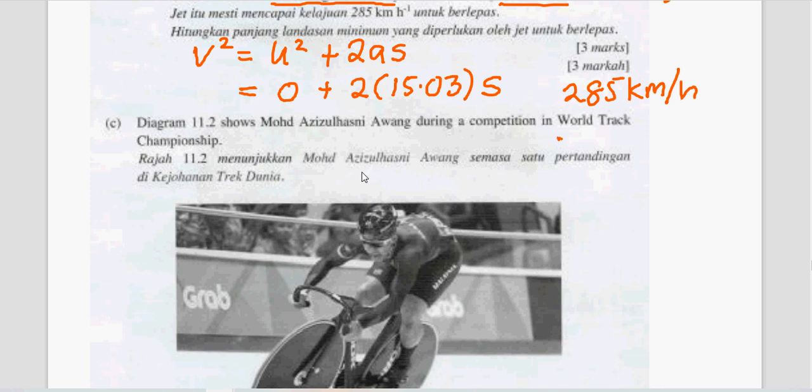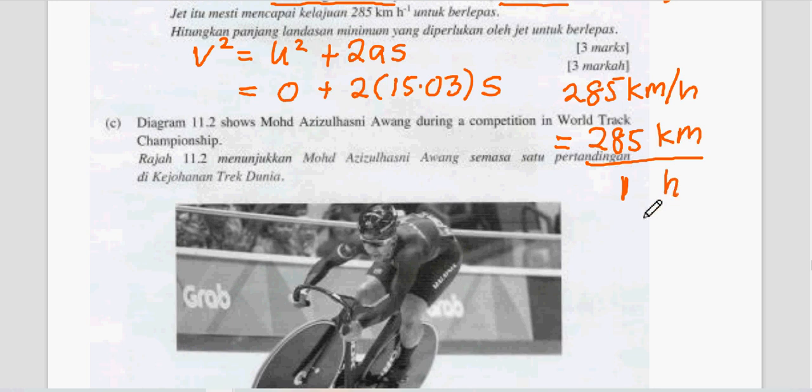Okay, cikgu just tulis dekat tepi here. 285 kilometer per hour means bahagi like this. Below is 1, so 285 kilometer for every 1 hour.